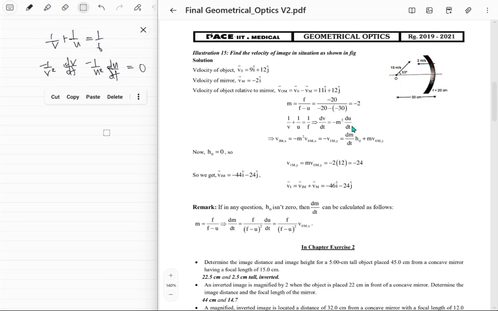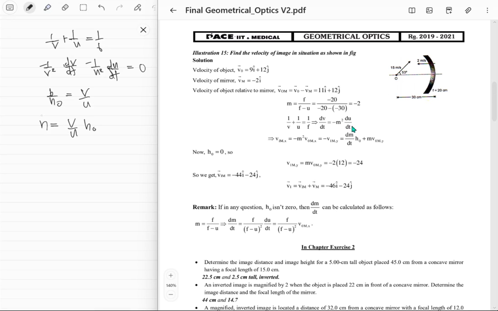Yes. Oh, and what about the y coordinate, you ask? So we know that h upon h naught is equal to v upon u, right? So now I just want to take the derivative. So h is just equal to v upon u times h naught.